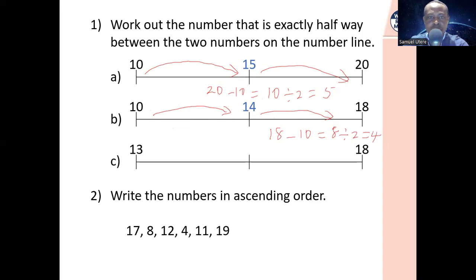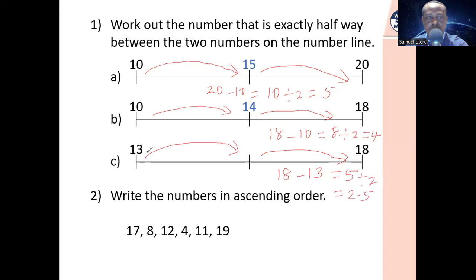If we apply the same here, we'll see that this will not be so much of a difficult exercise, question 1C, because 18 minus 13 is 5. Now we have two intervals. So 5 divided by 2 is 2.5.